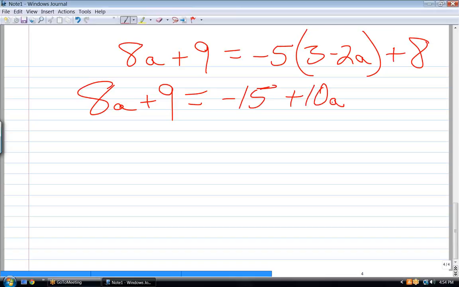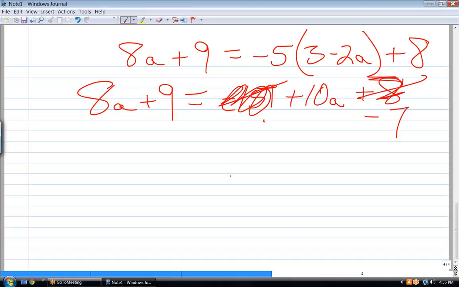Oh, 10a. Right. I forgot to write that down, actually. Okay. And then you would combine all like terms. You get 8a plus 9 equals 10a minus 7. Okay.